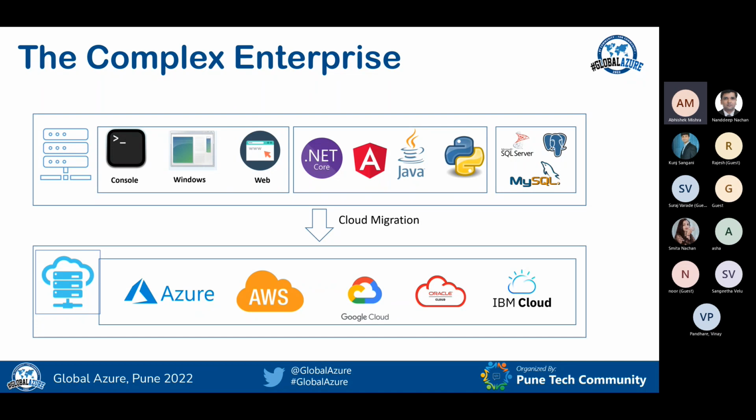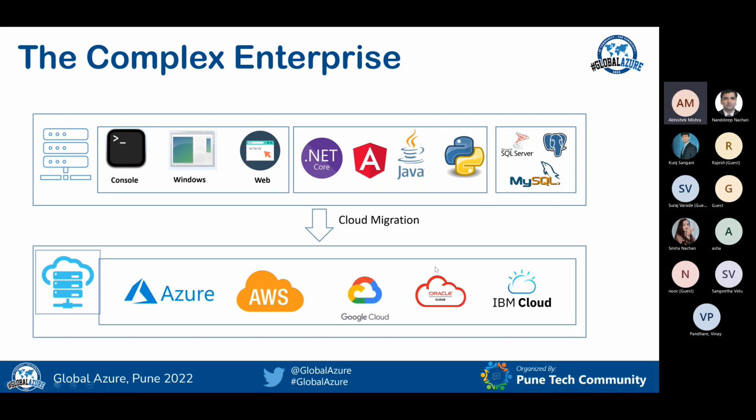So when we talk about a cloud transformation for the enterprise as a whole, as an enterprise cloud architect, you need to lift and shift, or rather transform, all your applications, whether written in .NET or Java or Angular, whether it's a console, Windows, web, or using any kind of database. They should get transformed to your cloud environment, the cloud of your choice.